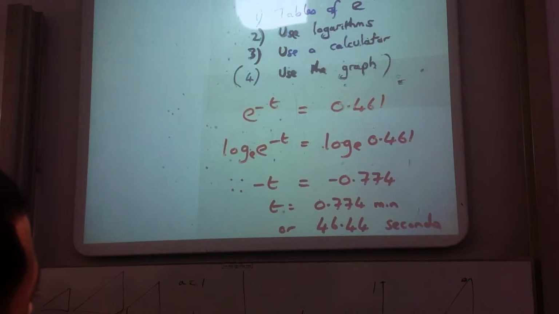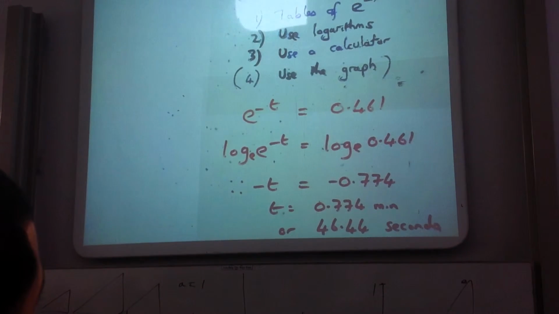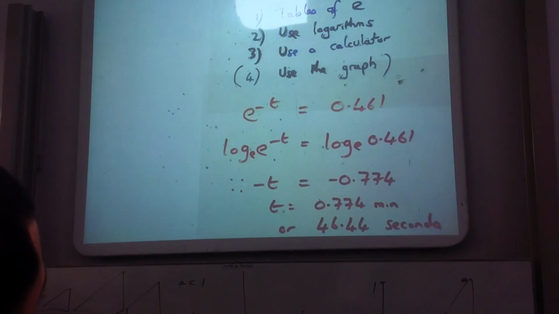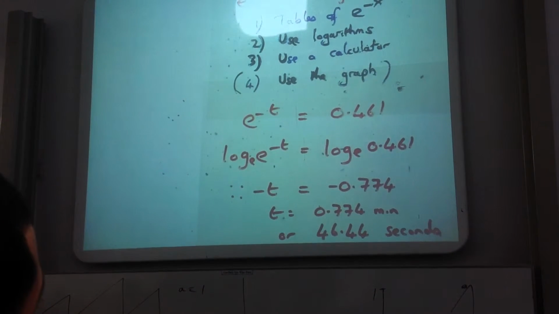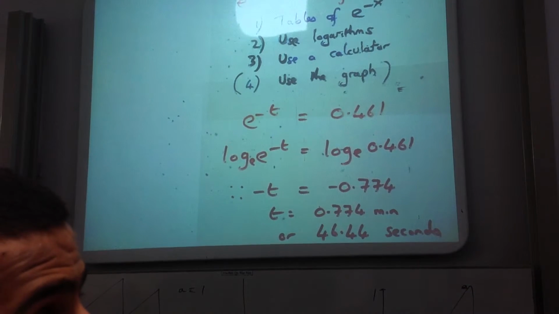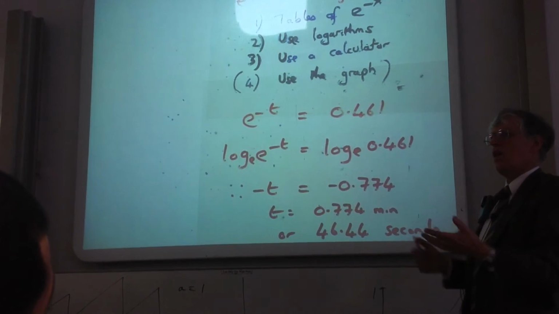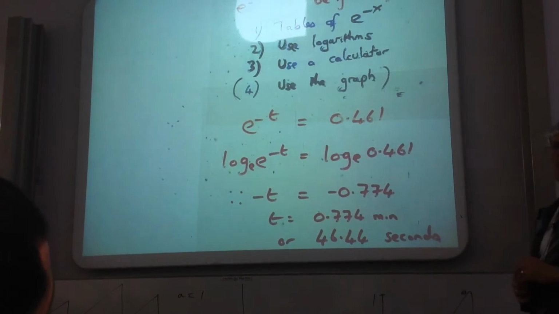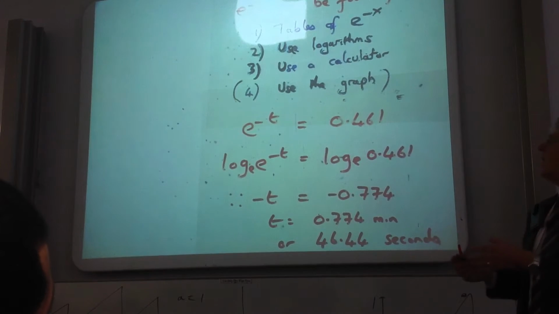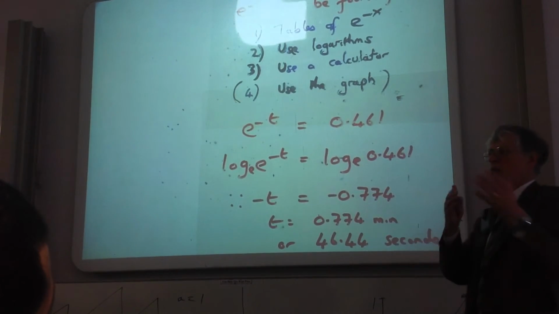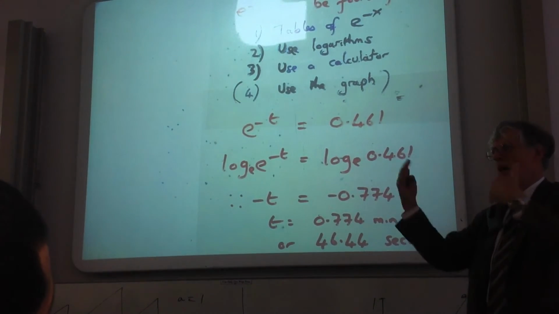The other method was to use a calculator. If you use a calculator for e to the minus x, it's the same problem that you have, so this is not quite so easy. What you'd have to do is put a value of x in and see what the answer came out at. And if it didn't match your random number, you'd have to put another value of x in and see what it came to, and home in on the value.